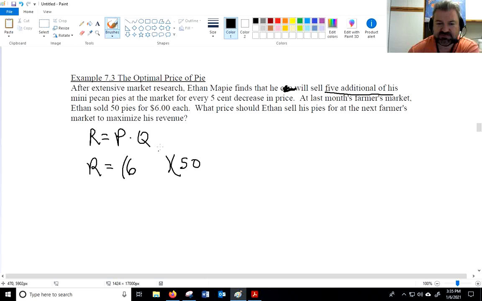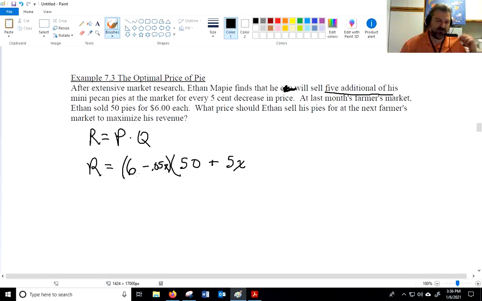So every time he drops the price by 5 cents, he'll get an additional 5 pies. So I'll say 5x. And for every price change, he's going to lower it by 5 cents.